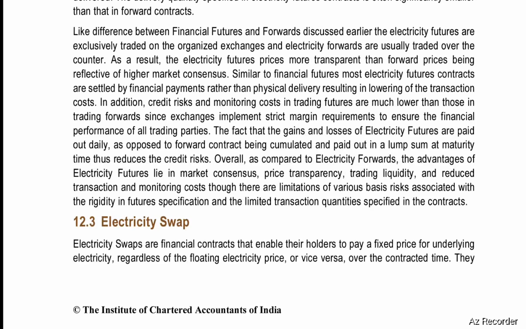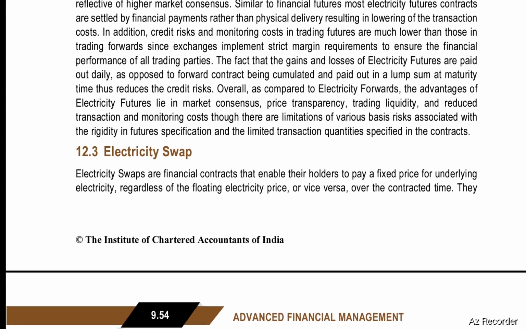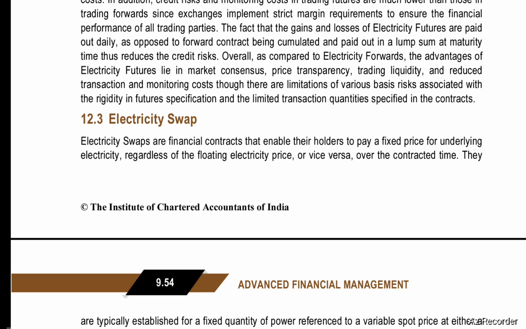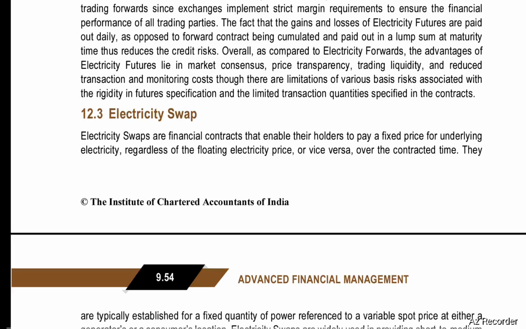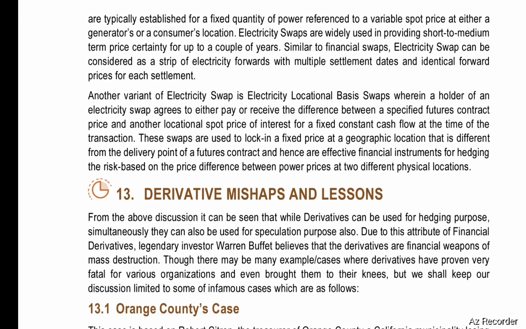Last, electricity swaps. Electricity swaps are financial contracts that enable their holders to pay a fixed price for underlying electricity regardless of the floating electricity price, or vice versa, over the contracted time. They are typically established for a fixed quantity of power with reference to a variable spot price at either a generator's or consumer's location.